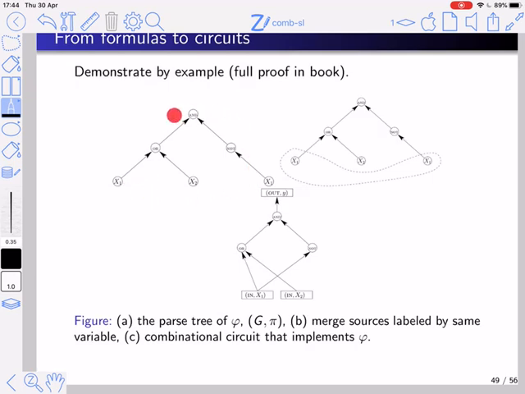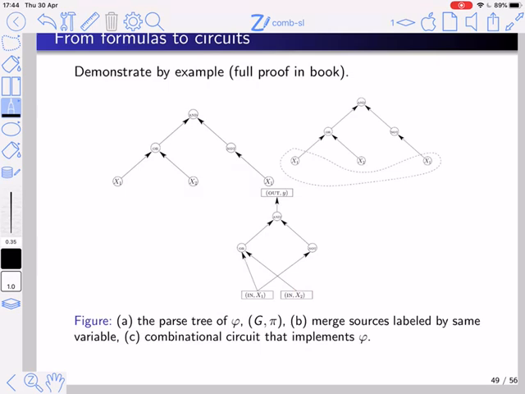Consider the following parse tree. In this parse tree, you see that x1 appears twice as a leaf. So what you do is you coalesce together all the instances of x1, and you make them into one node called in of x1. And you connect this in of x1 to whoever was fed by x1. And you do the same thing with x2.